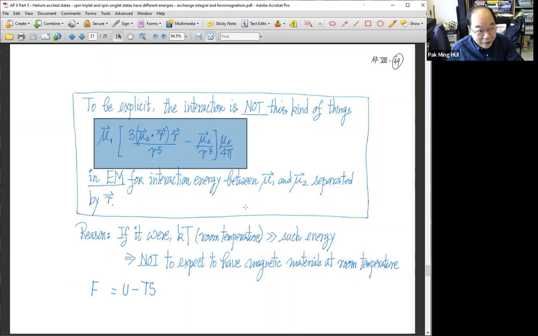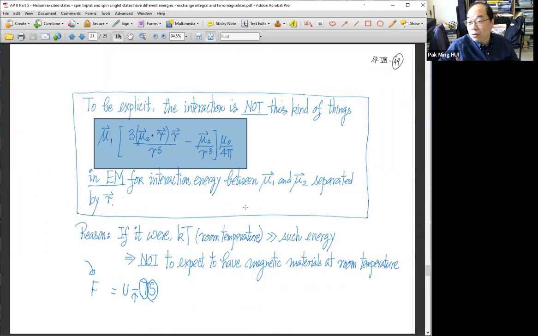Have you learned that yet? Okay, good. So you know, temperature would like to randomize things, and when you randomize things, entropy is higher, and this minus sign will help minimize the Helmholtz free energy F. So that is the whole story, right?